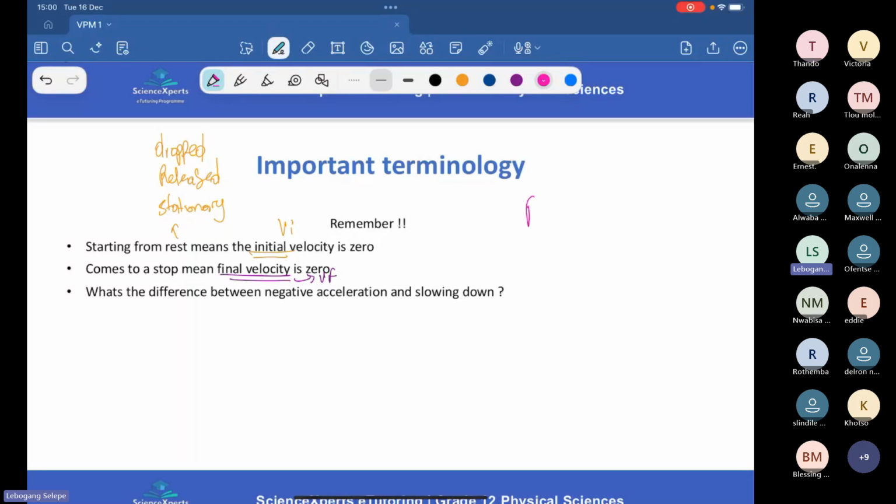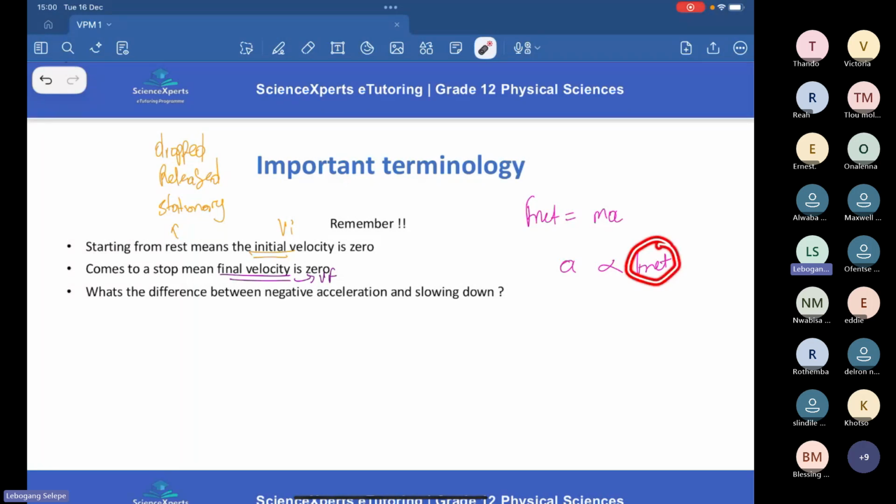Remember from grade 11, we had that F net is equal to ma, and we had that acceleration is directly proportional to F net, right? So if the direction of F net is to the right, the direction of acceleration would also be to the right because they're directly proportional. Okay, thank you, sir.